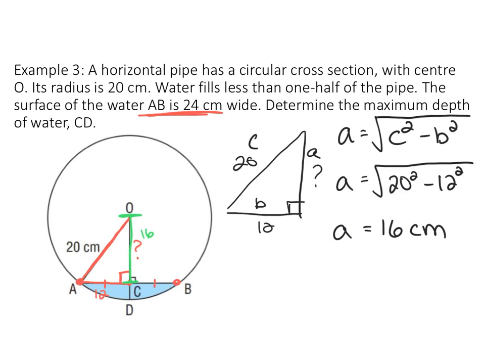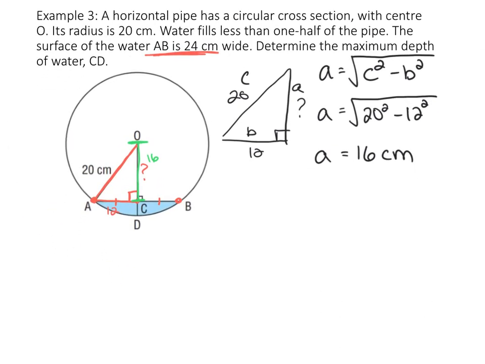So again, I'm going to just sketch this out over here. So here's my circle. I know it's not perfect. There's the center. I know that this length is 16. That's what I just found. I also know that this length in blue is the radius, which is 20.